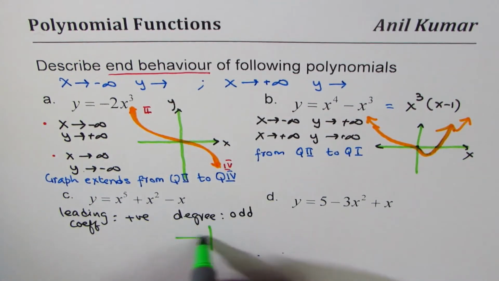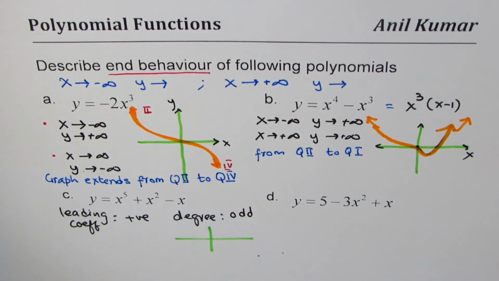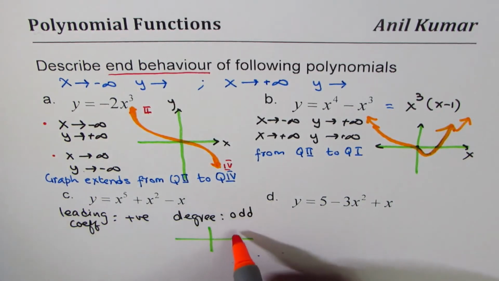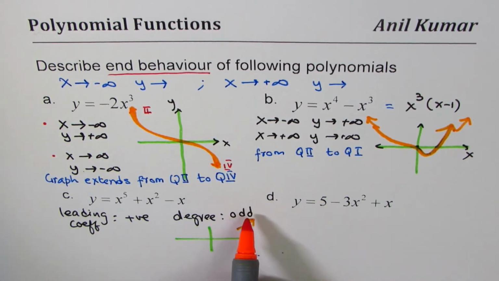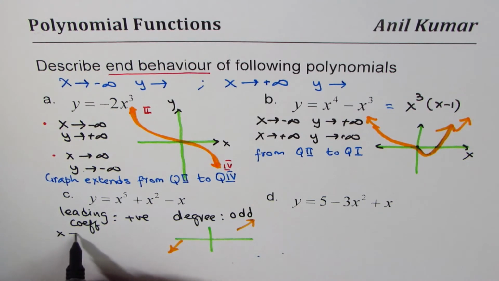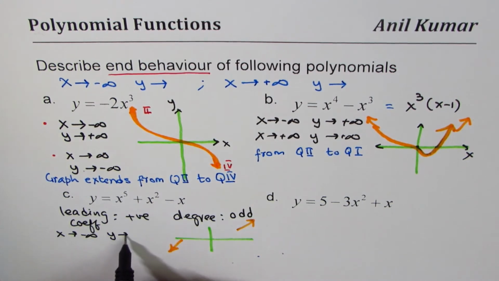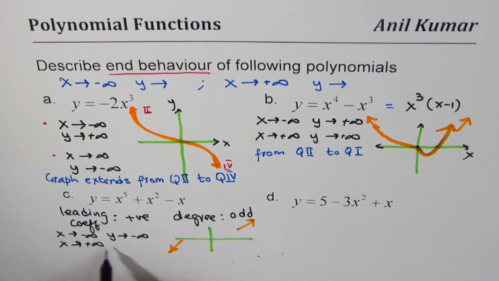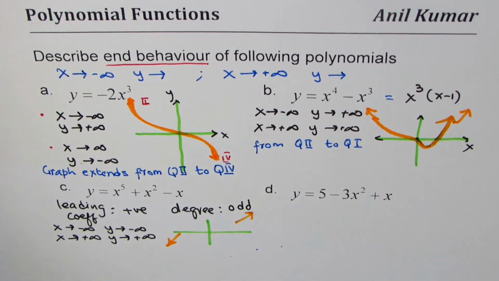Let me make a rough sketch only for the end behavior. Leading coefficient positive means right side up. Odd means opposite ends. And therefore, we could write the answer as when x approaches negative infinity, y approaches negative infinity, and when x approaches positive infinity, y approaches positive infinity. Perfect.